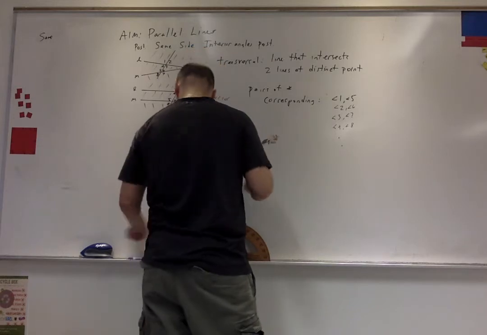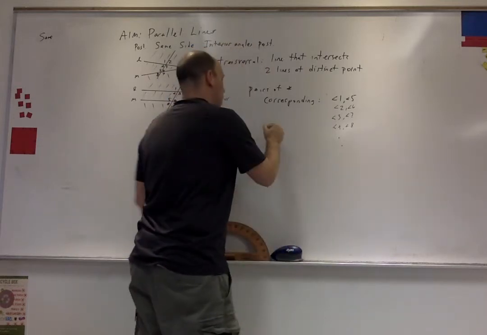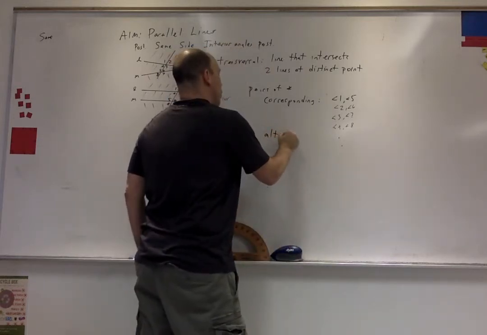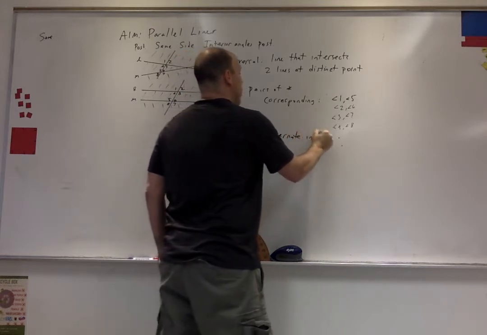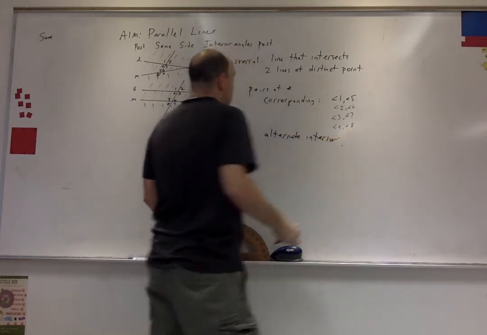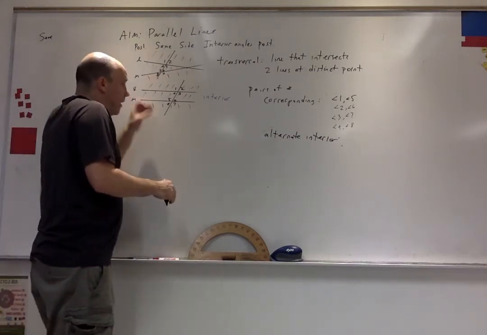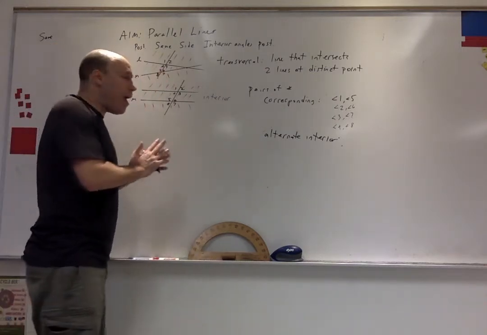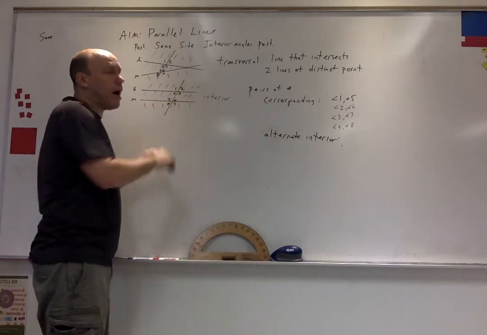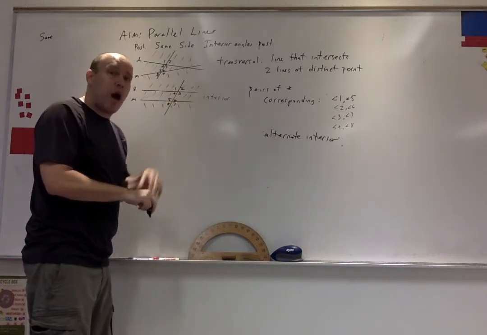Next, the next thing we want to look at is alternate interior. So let's start with what you might be familiar with. We're looking in the interior, the purple region, and what angles are on the opposite sides of the transversal? Alternate.